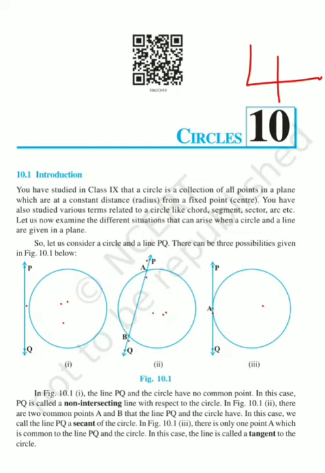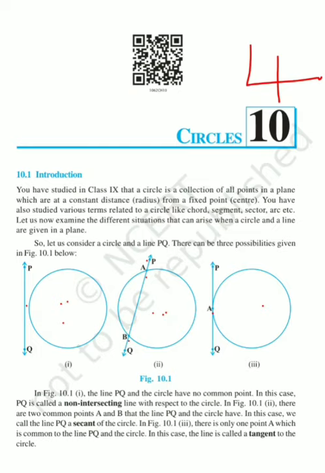In this case, we call the line PQ a secant. The secant may be extended on both sides or only one side. Both are secants only here, but the 2 points should touch the circumference of the circle.